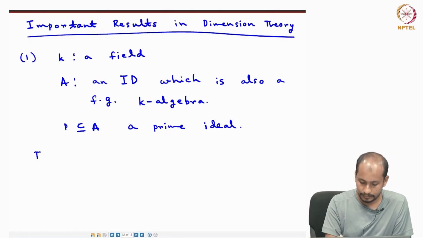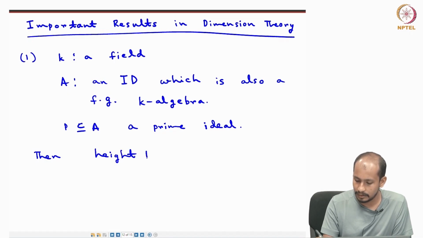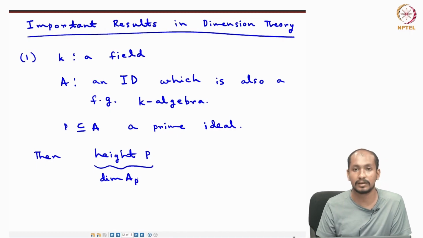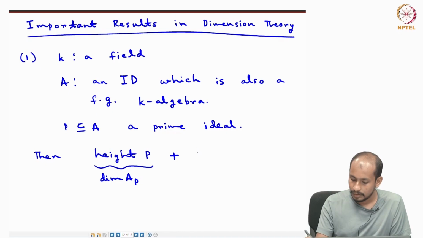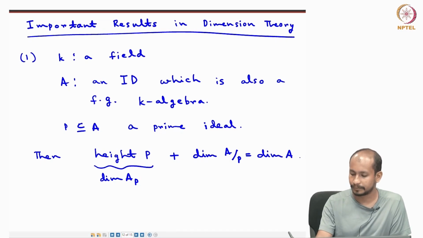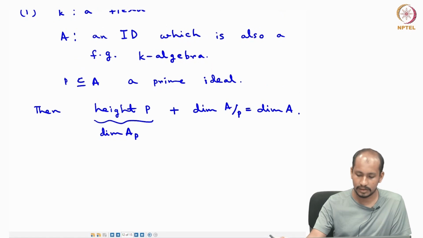Then the height of this prime ideal P, plus the dimension of A mod P, is equal to the dimension of A. Okay, here the height of P is nothing but the dimension of the local ring A localized at P. So, this is one result.